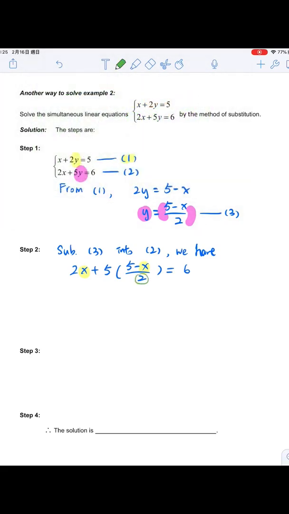But the problem is that we have the denominator 2, so what we have to do is to multiply both sides by the denominator 2. And we get the following.